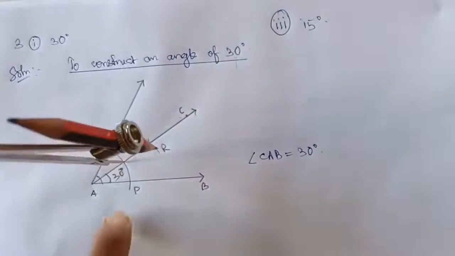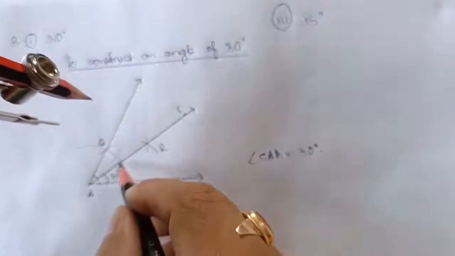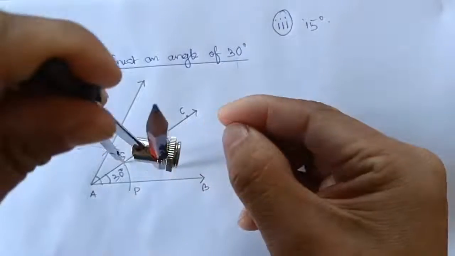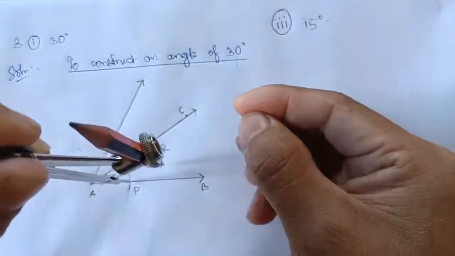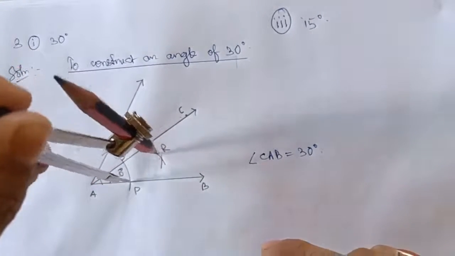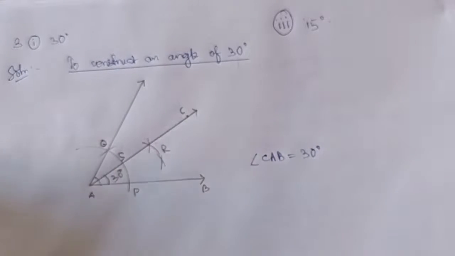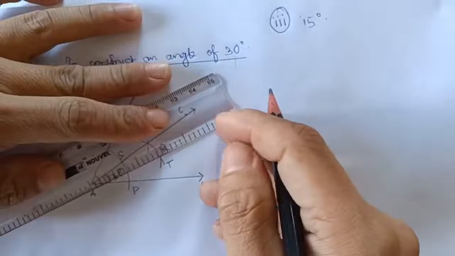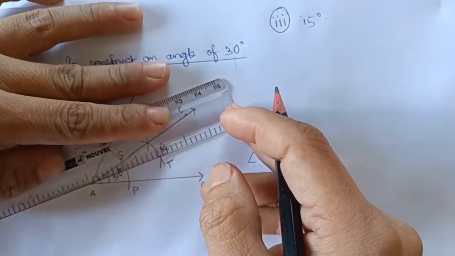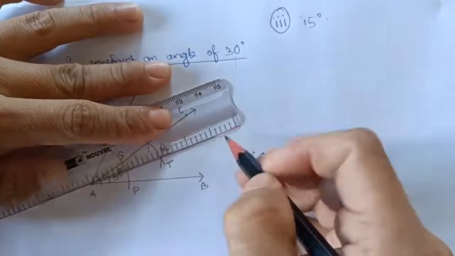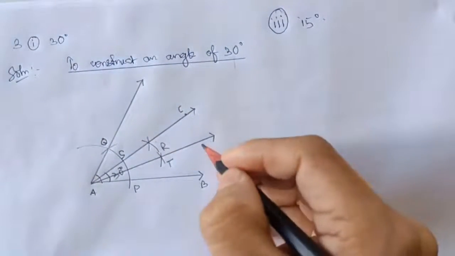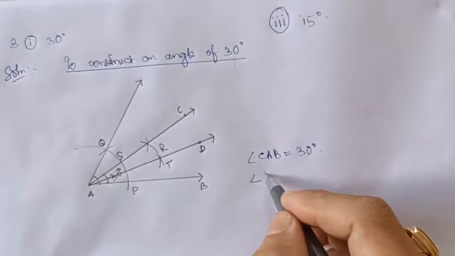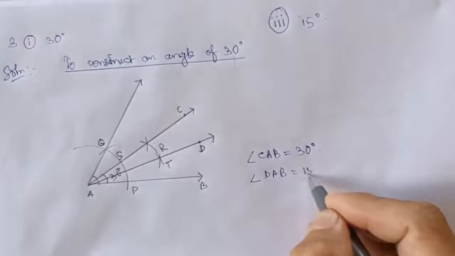Let me name this point as S. With center S, we draw a suitable arc like this, and with the same radius and with center P, we draw an arc cutting the previous arc at a point, say T. Then we draw a ray passing through A and T. Let me name this ray as D. Then the measure of the angle DAB will be equal to 15 degrees.